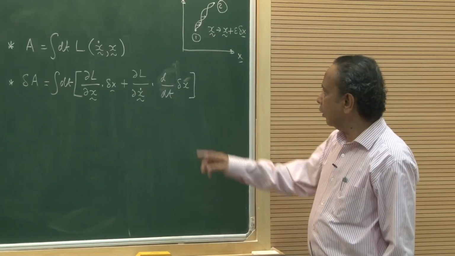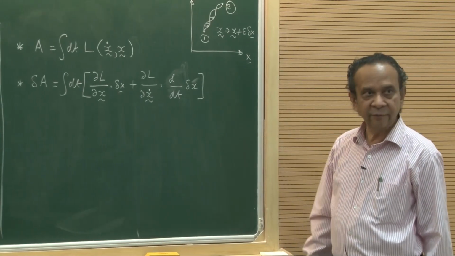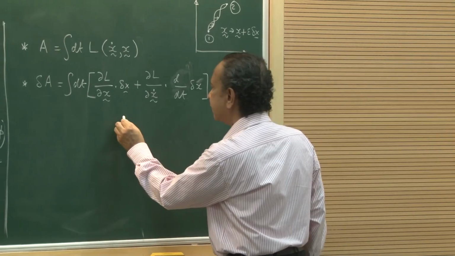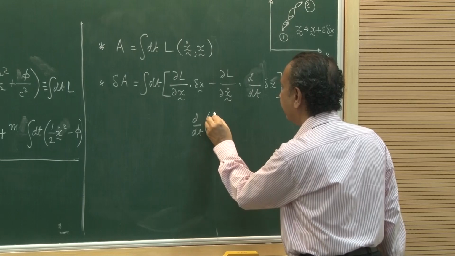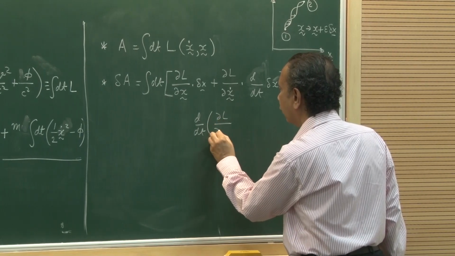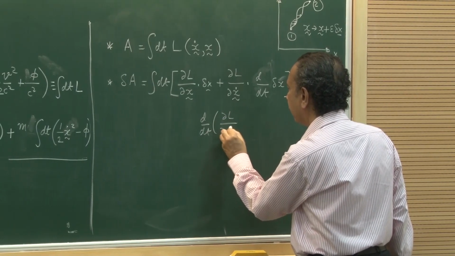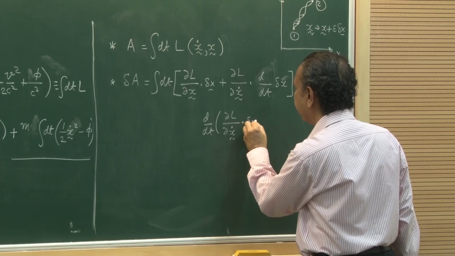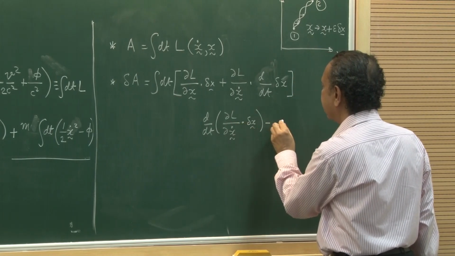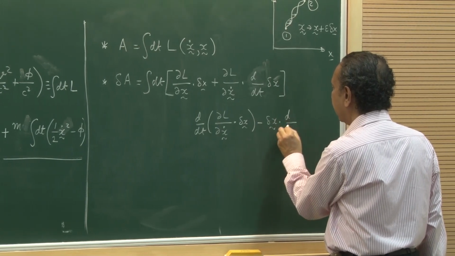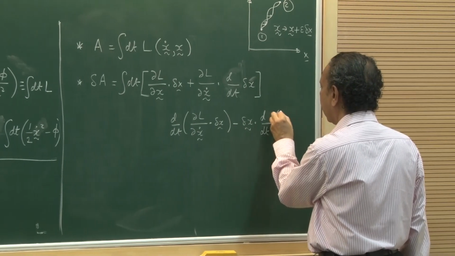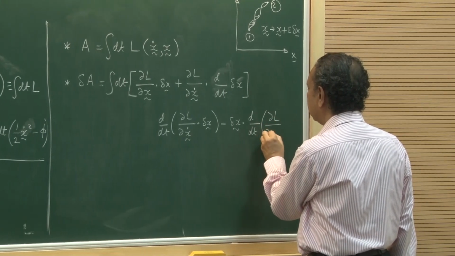Now, I am going to rewrite this term in a particular way. I am going to write this as d by dt of dl by dx dot dotted with delta x, minus delta x dotted with d by dt of dl by dx dot.